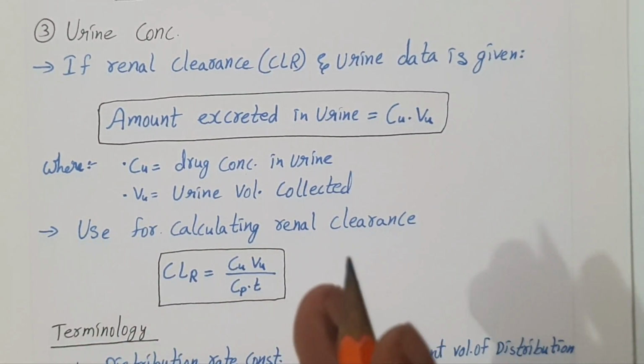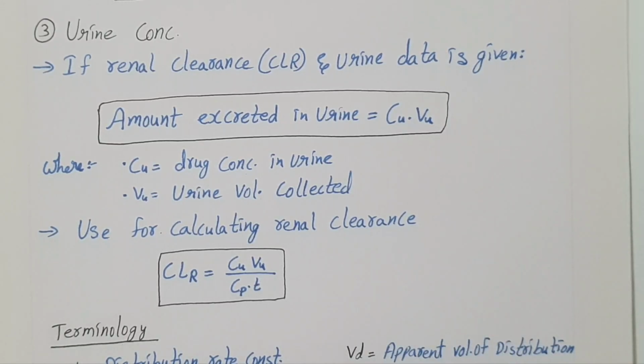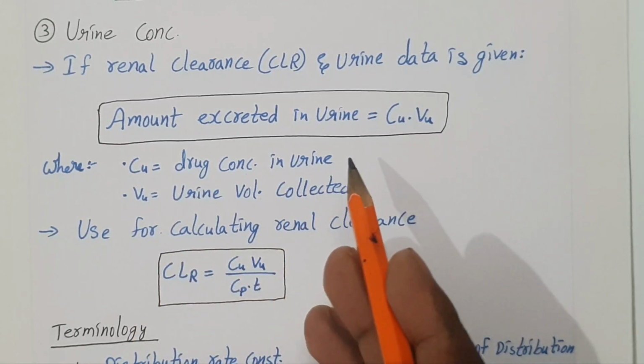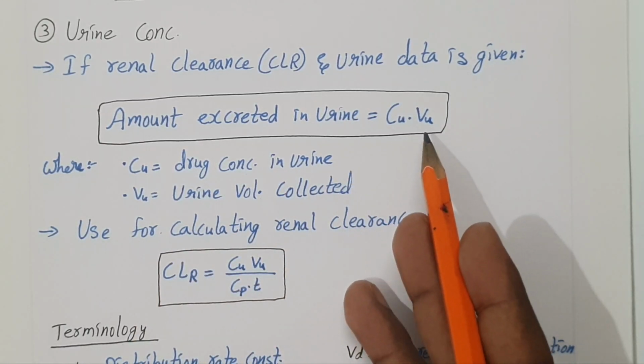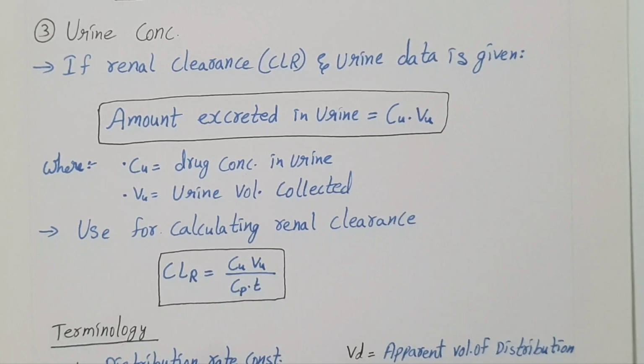If renal clearance and urine data are given, how can we calculate? We have the formula: amount excreted in urine equals Cu Vu. Then we can use this in the formula for renal clearance: CLR equals Cu Vu divided by Cp.